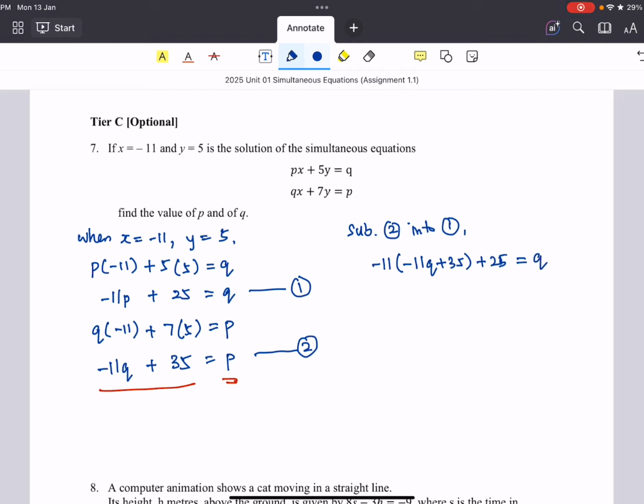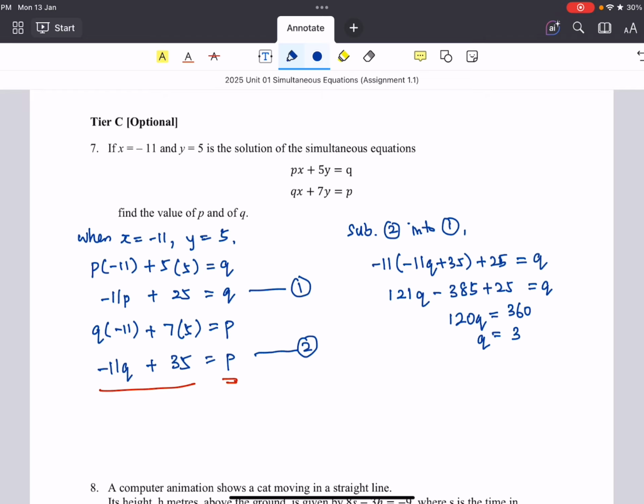So that means 121q, 11 times 35 is 385, plus 25 equals q. So 120q equals 360. q equals 3, right?